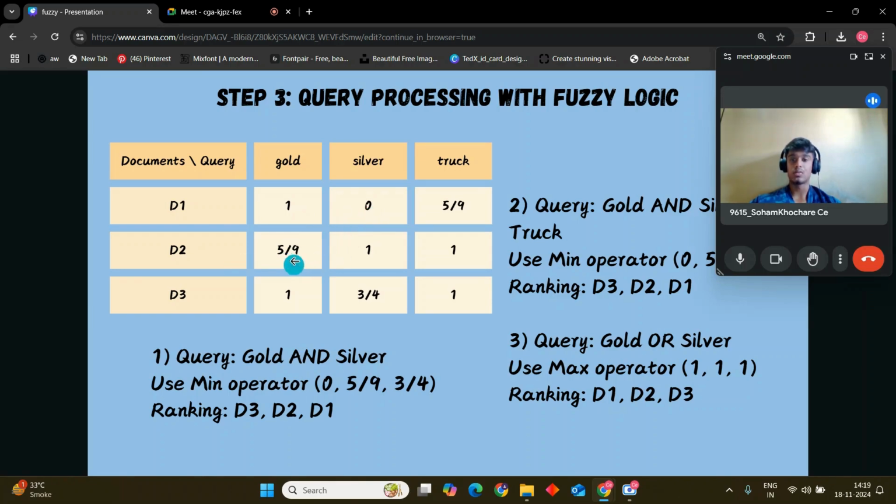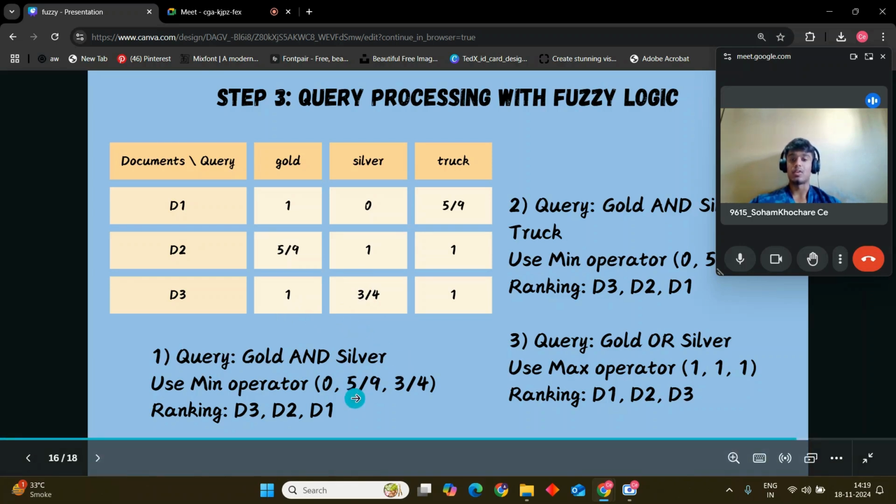Out of D2, the minimum is 5 by 9, and for D3, the minimum is 3 by 4. After that, we rank the matrix in descending order. So over here, D3 has the most value, so it is ranked first. D2 has the second most value, and D1 has the last value.